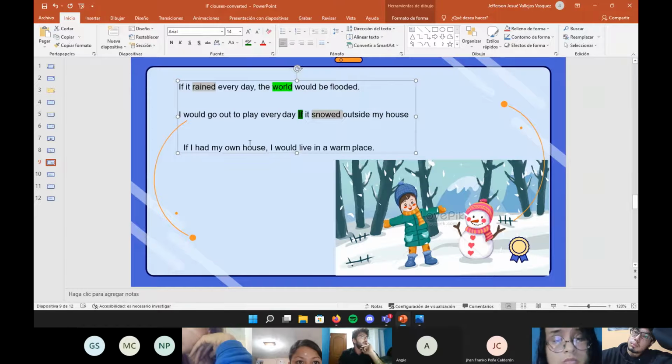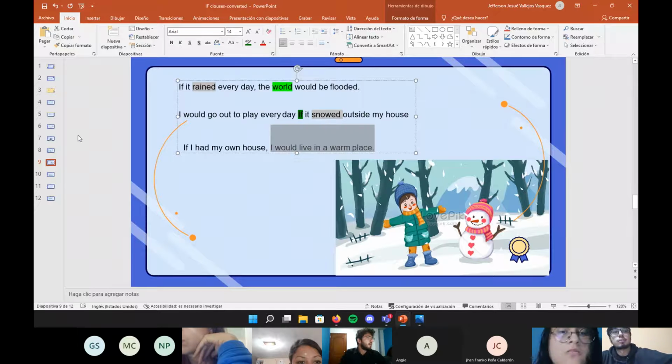Let's see the other. If I had my own house, I would live in a warm place. As you can see, this is an unrealistic theme. We are talking about unrealistic themes, right?